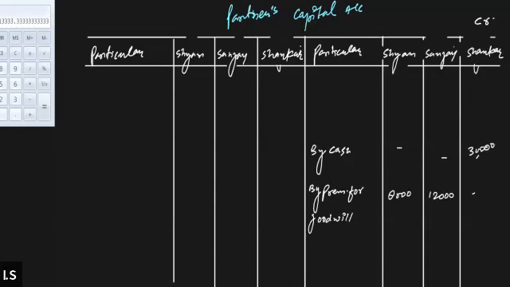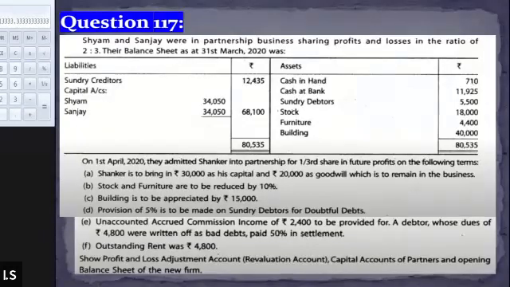Okay, then getting back to the question, it says that stock and furniture are to be reduced by 10%. Now look at the value of the stock. Currently, the value of the stock is 18,000. The question says that stock and furniture are to be reduced by 10%.